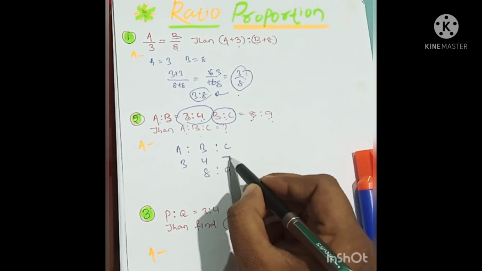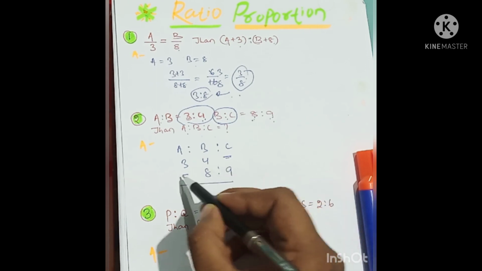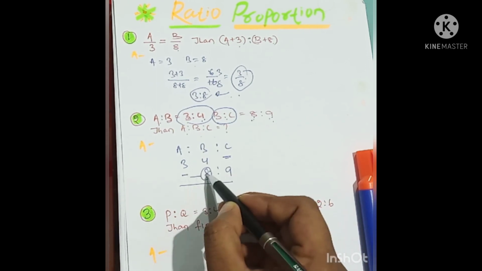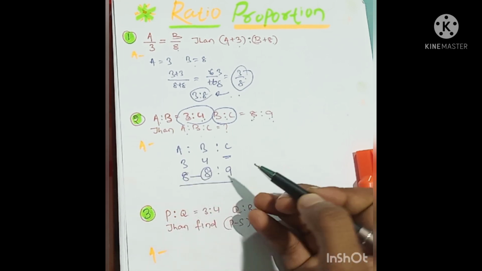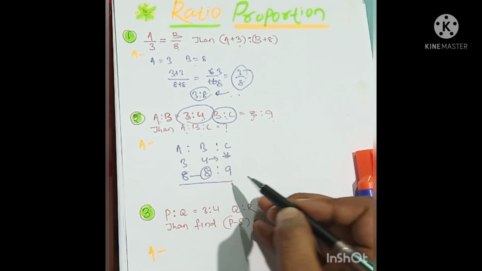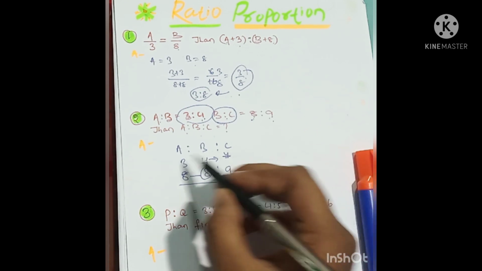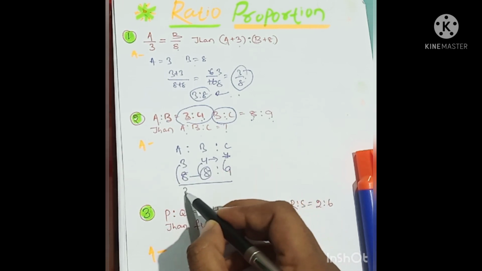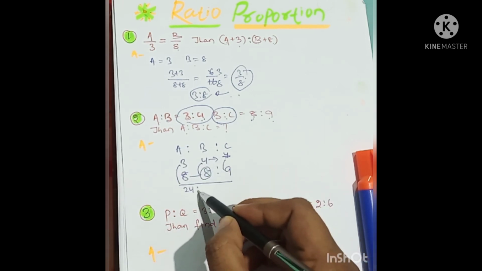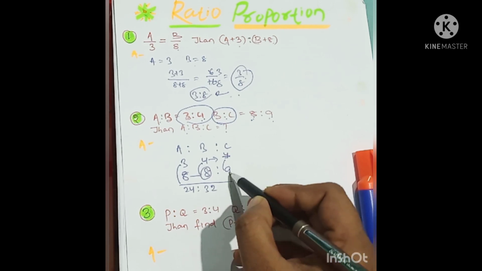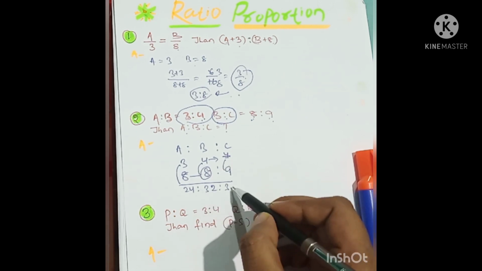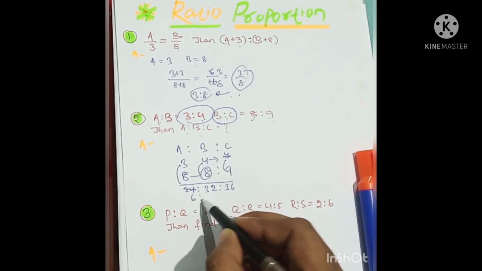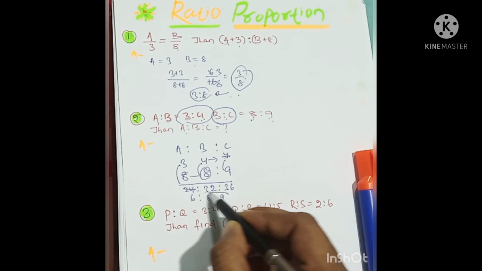Now these seats are vacant. So what will you do? Now you have to put the previous numbers like that. So here 8, you put 8. Similarly, 4 here, you have to put 4. Now simply multiply these numbers. 8 into 3 is 24, 8 into 4 is 32, and 9 into 4 is 36. If you simplify this, it becomes 6, 8 and 9, and this is your answer.